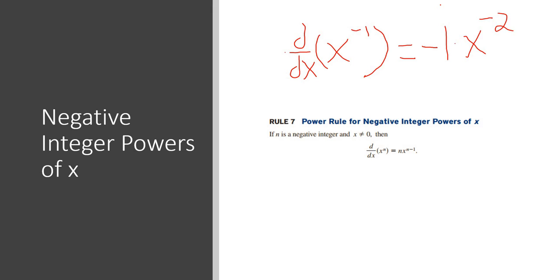For example, if we have the function x raised to the negative 1, then the derivative of that function is equal to negative 1, because that negative 1 gets pulled out in front, negative 1 times x raised to the negative 2. Remembering that this is true for all integer power values that are not 0. So if you have x raised to the 0, then you cannot apply this rule.